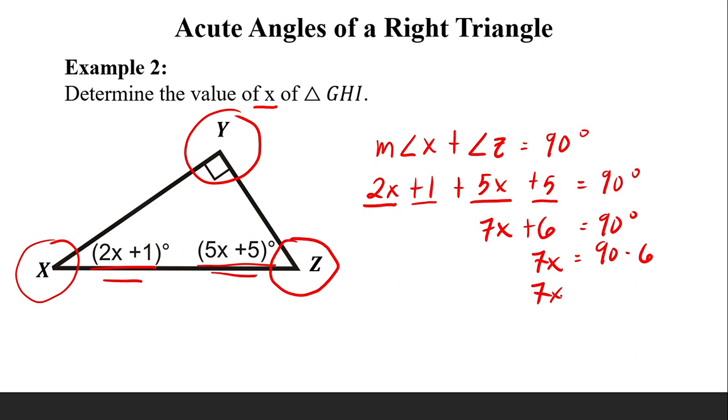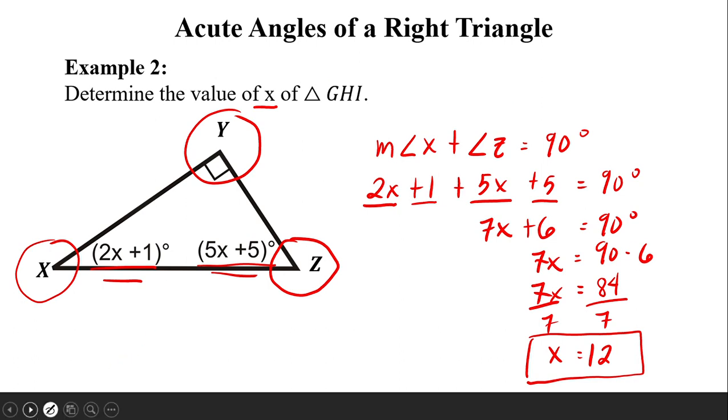So 7x is equal to 84 degrees. Divide both sides by 7, then x is equal to 84 divided by 7, which is 12. So our value of x is 12.